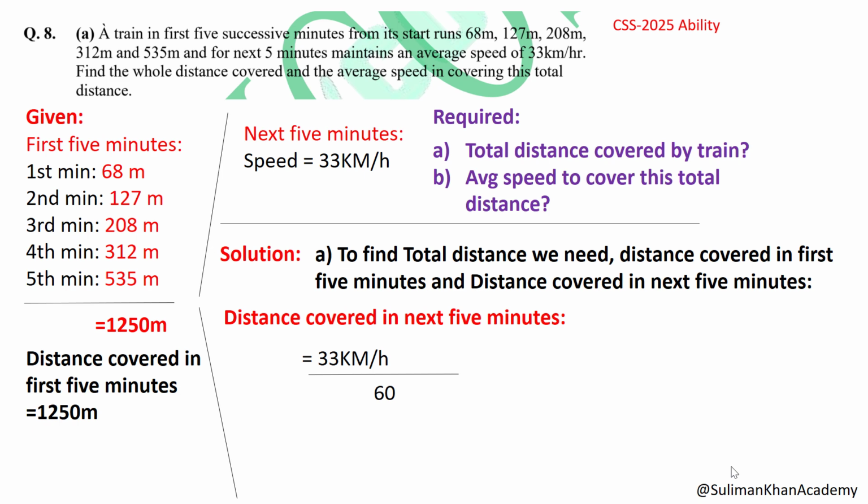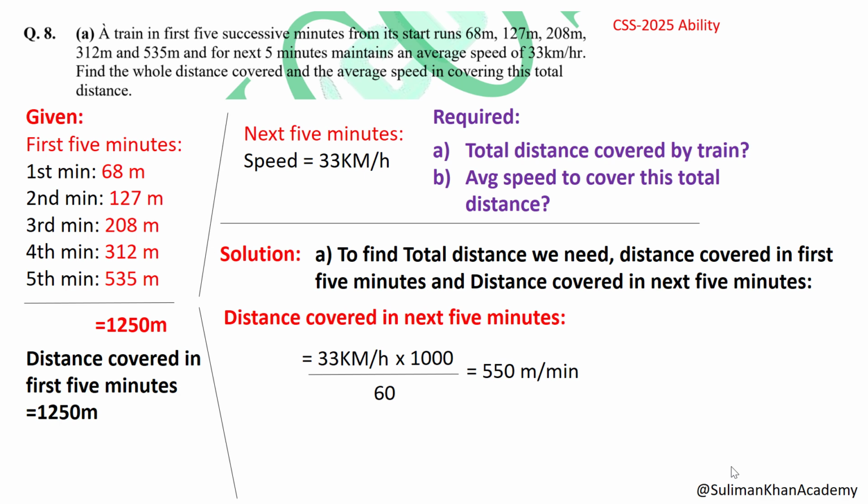Now, in order to convert kilometers into meters, we just multiply this by 1000, because 1 kilometer equals 1000 meters. Now do some maths. We get 550 meters per minute. This is the speed, of course. Now in order to determine the distance, we have to remove that minute.